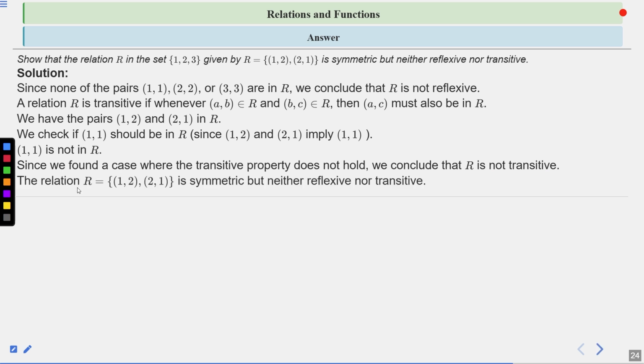So what we have shown is the given R is symmetric but neither reflexive nor transitive. I hope it is clear.